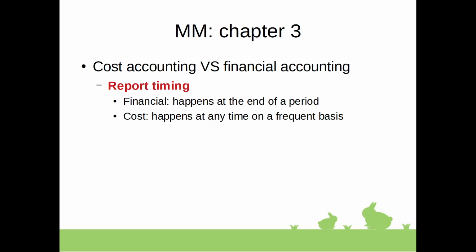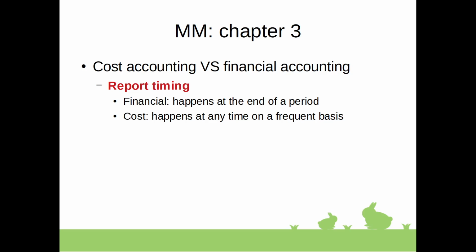Report timing. We all know, once again, that we have to report the financial accounts. But for cost accounting, there are no rules regarding that, and it will happen anytime and on a frequent basis. We all know that the environment always changes for companies, and they need to take decisions quickly, and these decisions might be taken based on cost accounting.